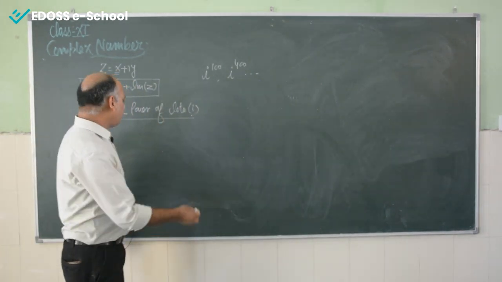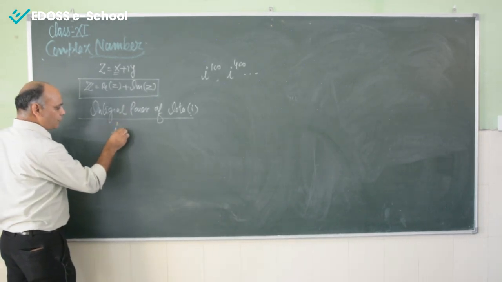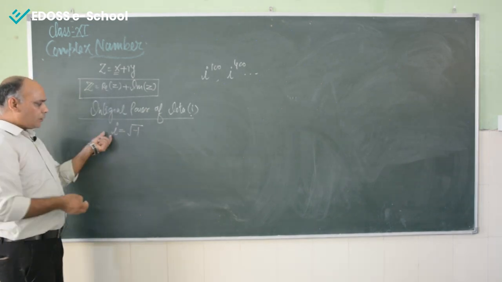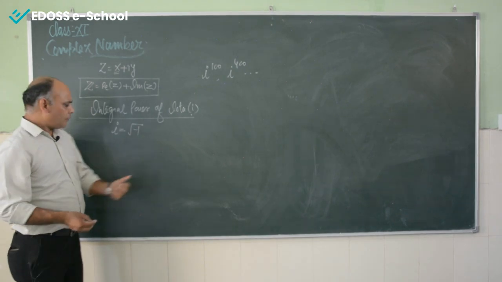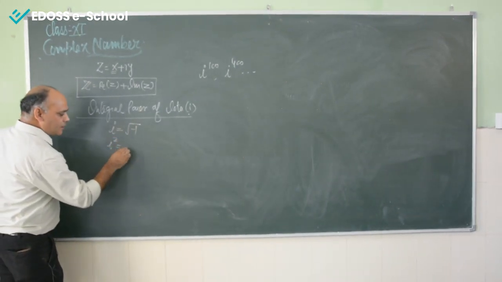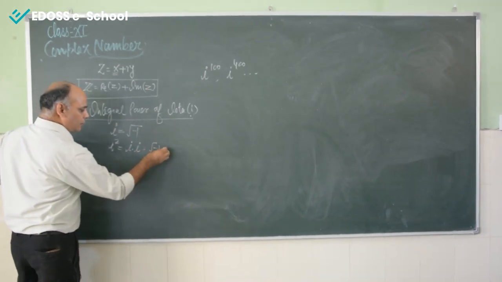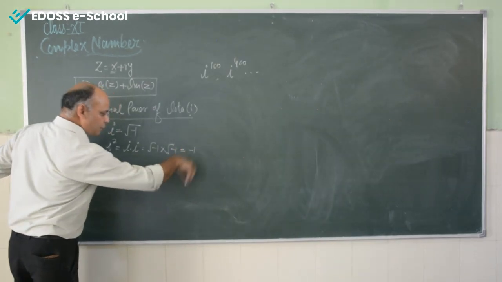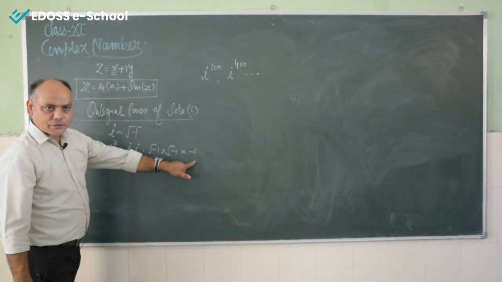For this I will tell you the first thing. I have told you iota is always written as under root of minus 1. Now if I say iota square, then iota square can be written as iota into iota, meaning under root of minus 1 multiplied by under root of minus 1, that is equal to minus 1. So iota square will be equal to minus 1.